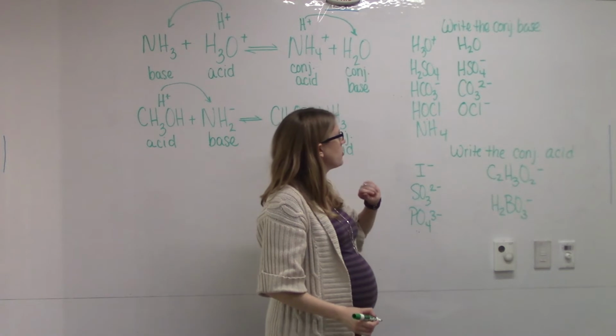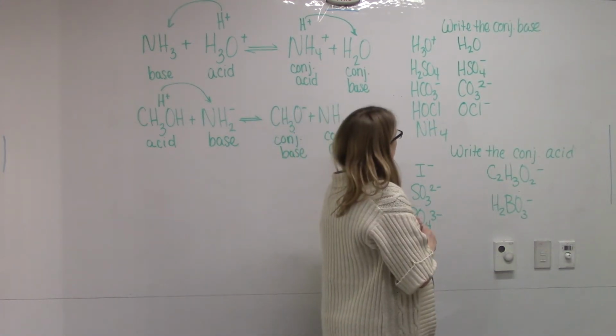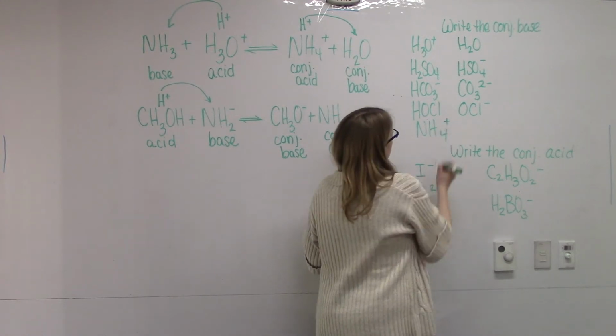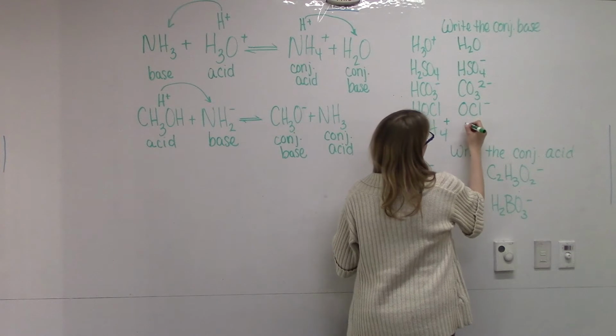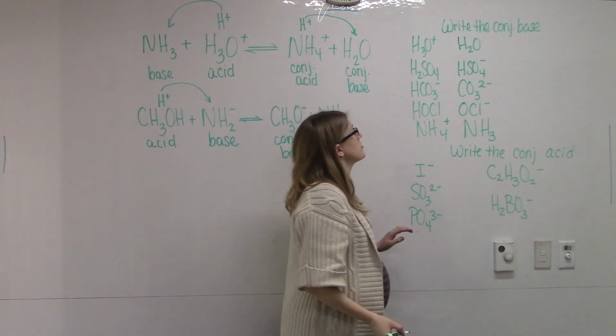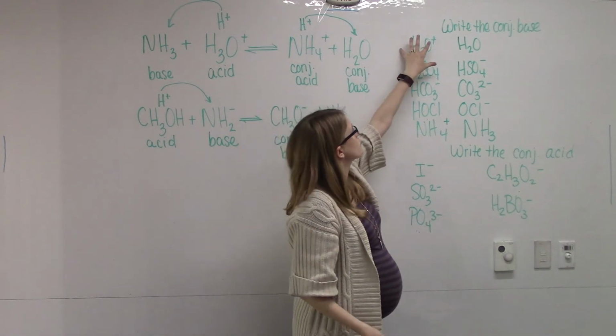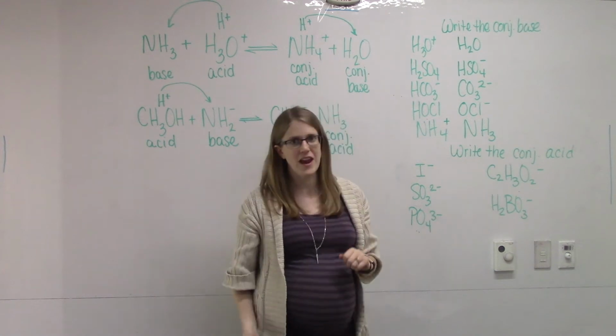And NH4+ loses an H and loses a charge, so it's going to turn into NH3. So what you have to think is, when it says write the conjugate base, you have to treat these like they're an acid. That means they're going to be donating an H+.